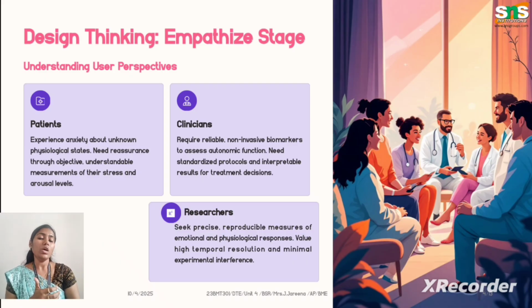For example, here in BSR, they have taken the electrical property of the skin, because based on this, they can have clinical procedures or treatment decisions. These are the things that they discussed before developing this BSR.